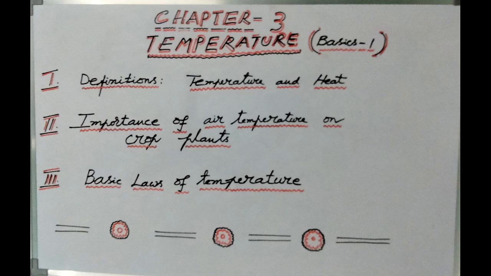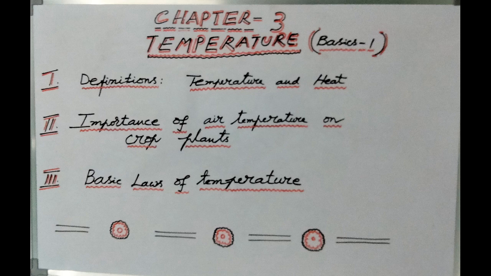Now, there are several laws of temperature. In the previous chapter, chapter 2, solar radiation, we tried to understand some basic laws of solar radiation: Planck's law, Kirchhoff's law, Stefan-Boltzmann's law, and Wien's displacement law.